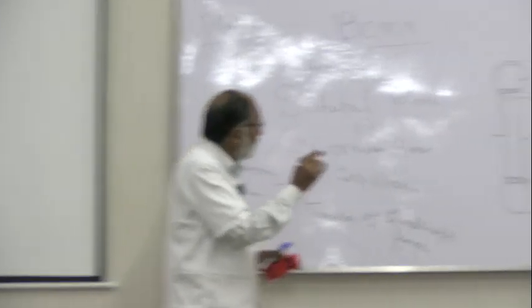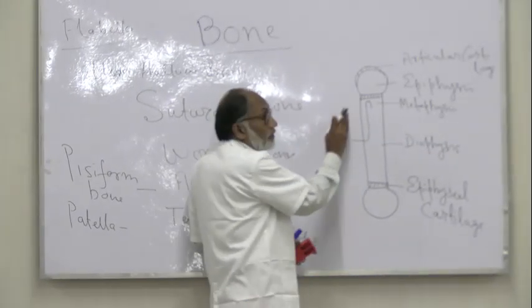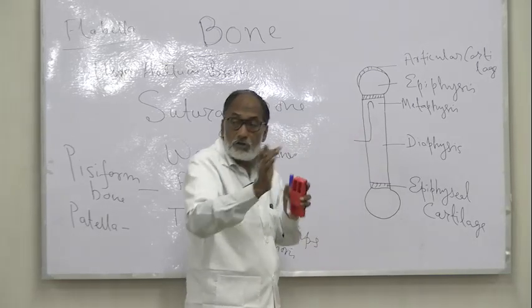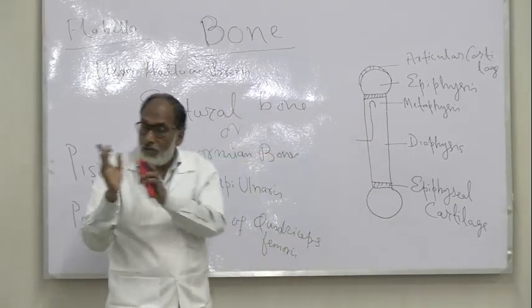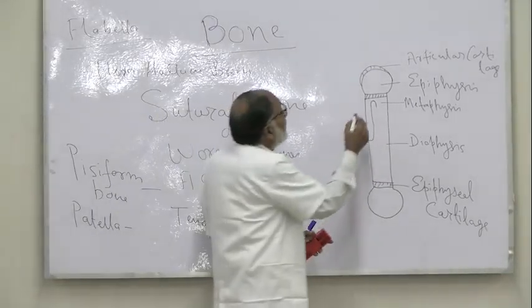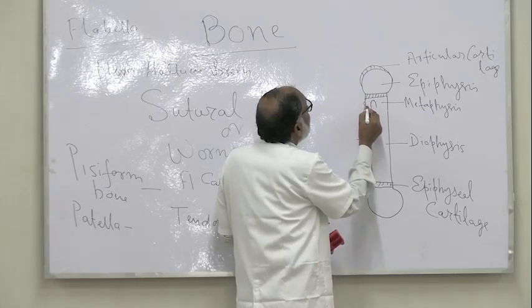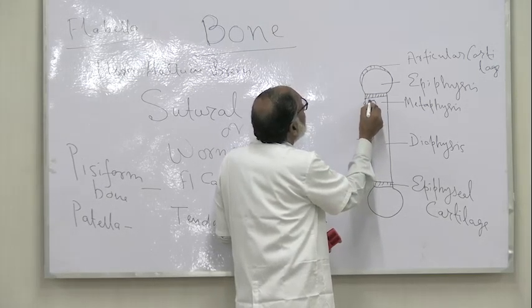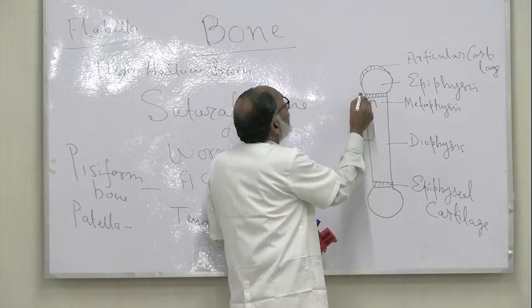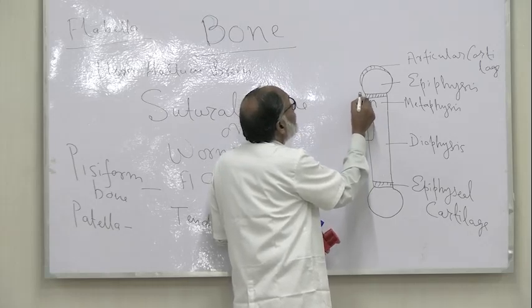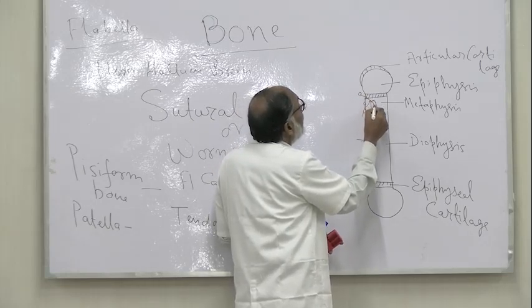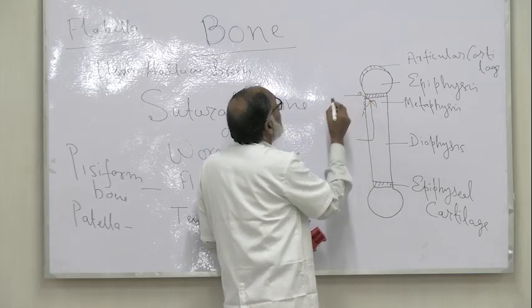It is also supplied from the periosteum. So periosteal arteries. Here there are periosteal arteries. That periosteal artery is also supplying this. And here there is another artery that is called juxta epiphyseal artery.